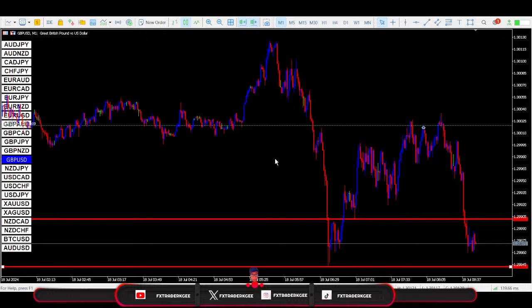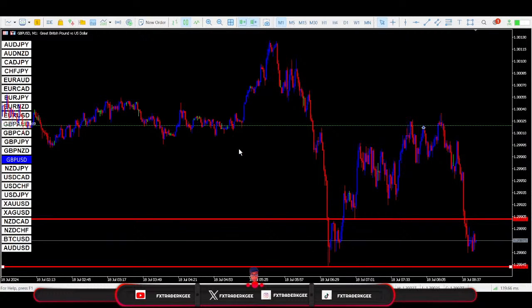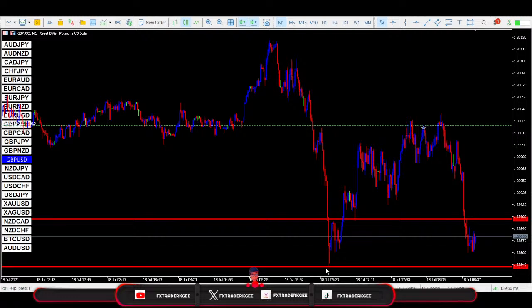That's where I take advantage from. So if it does go against me, all well and good for GBP USD. Once again, if price goes beneath this, I am going to exit the trade.